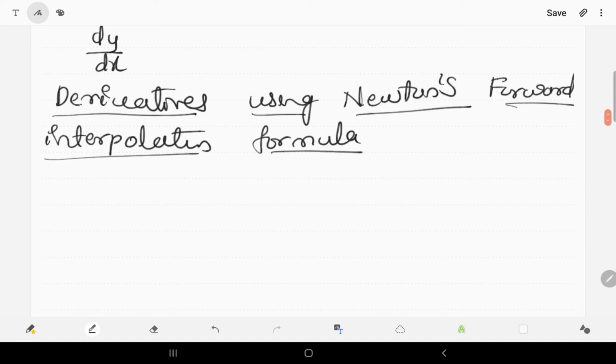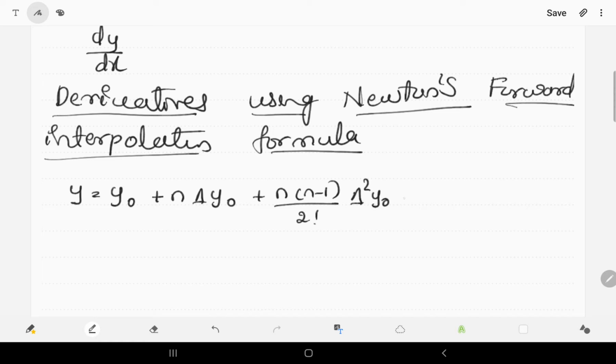Now consider Newton's Gregory forward interpolation formula: y is equal to y naught plus n delta y naught plus n into n minus 1 by 2 factorial delta square y naught plus n into n minus 1 into n minus 2 divided by 3 factorial delta cube y naught and so on. You have already studied this one.